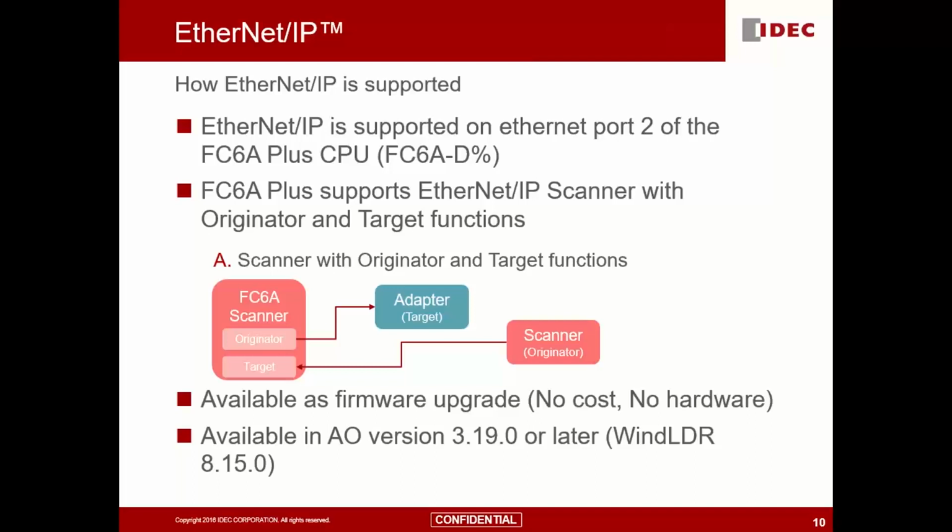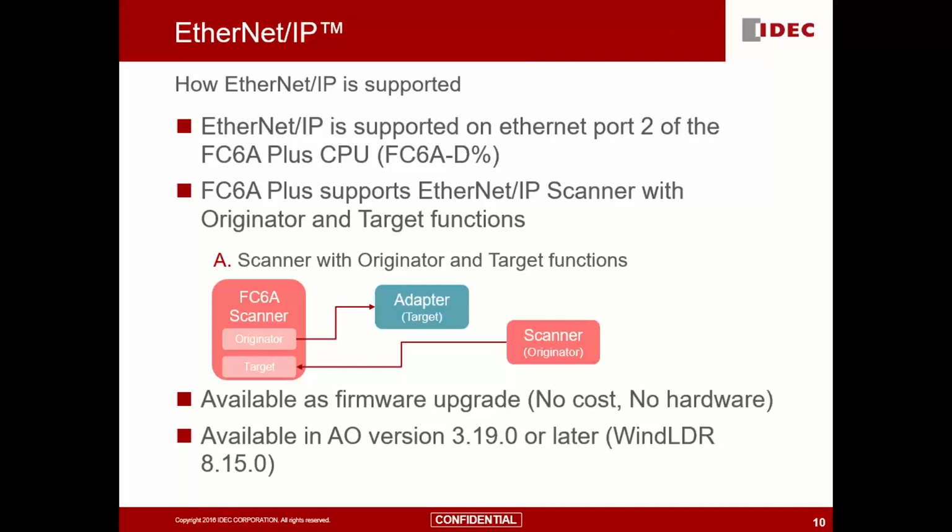So how it is supported on our FC6A is that Ethernet IP is only supported on the Plus CPU, and it's on Ethernet port 2 of the Plus CPU. The All-in-One unfortunately does not have the power, does not have the memory, to support Ethernet IP.